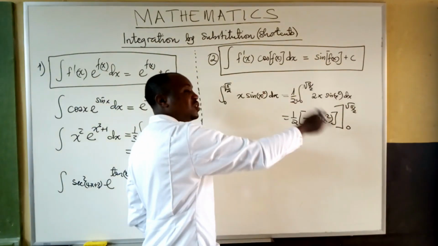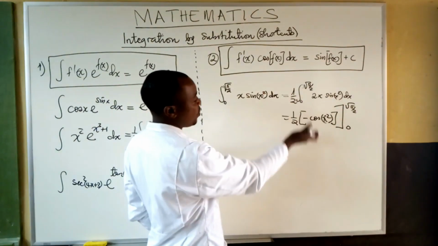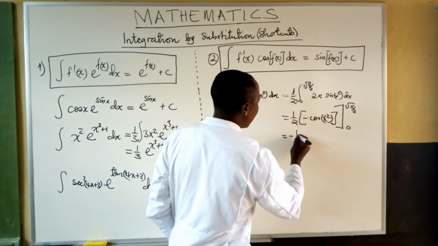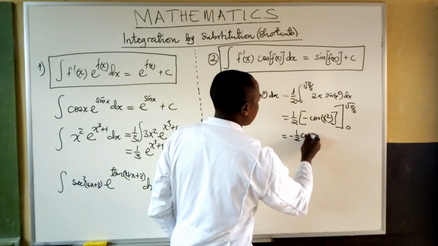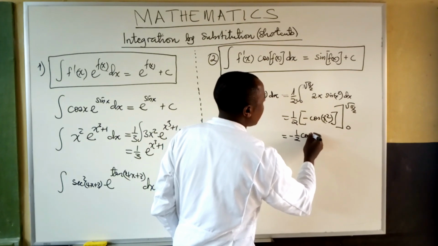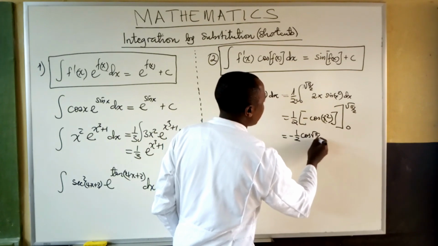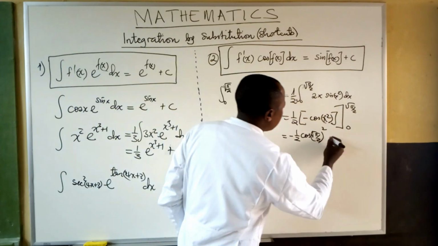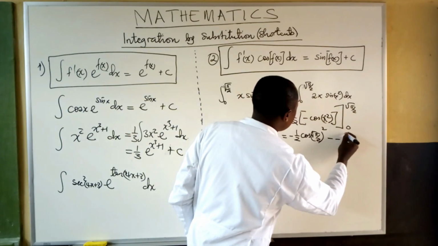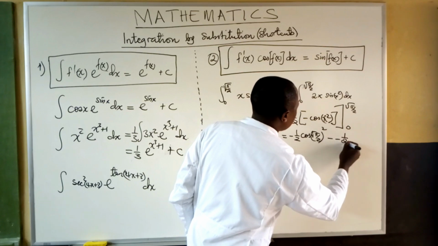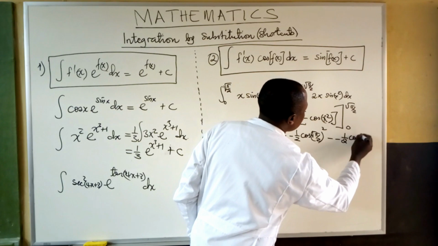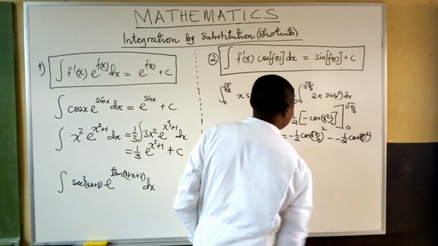Since there are limits of integration, I would now proceed to do my substitutions. I get negative half cos of root of pi on 2, all squared, minus minus half cos of 0, all that squared.